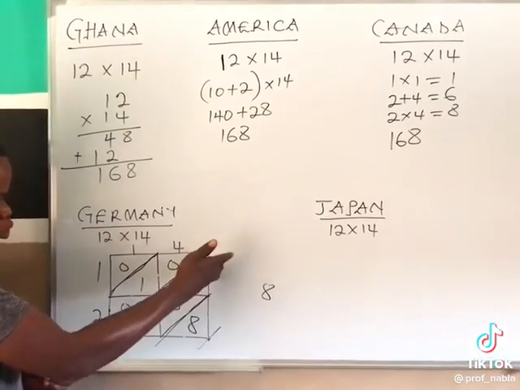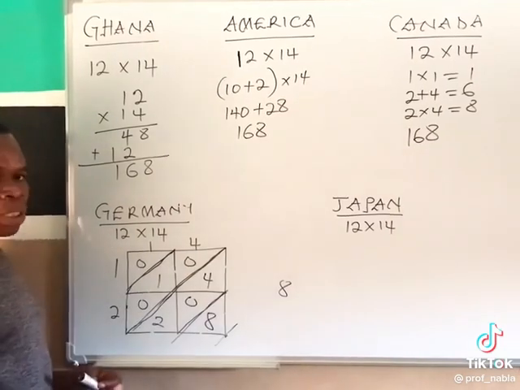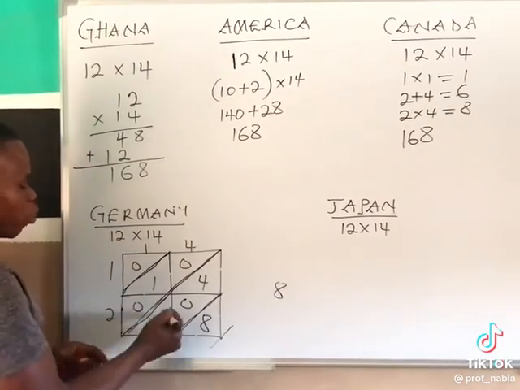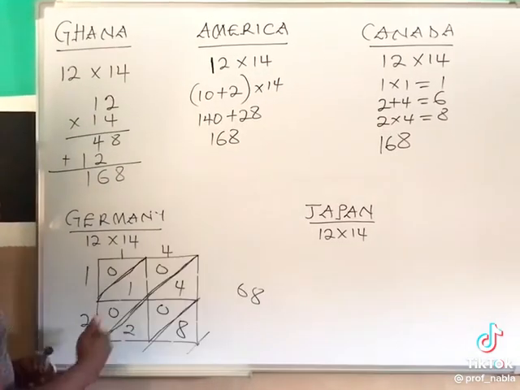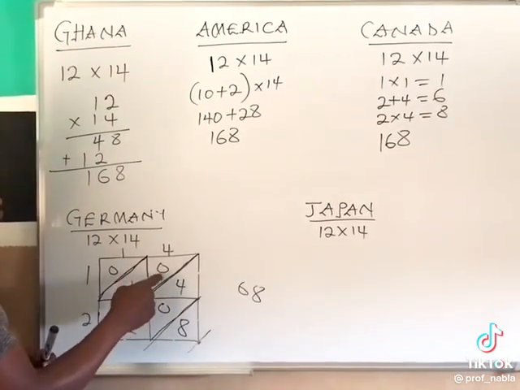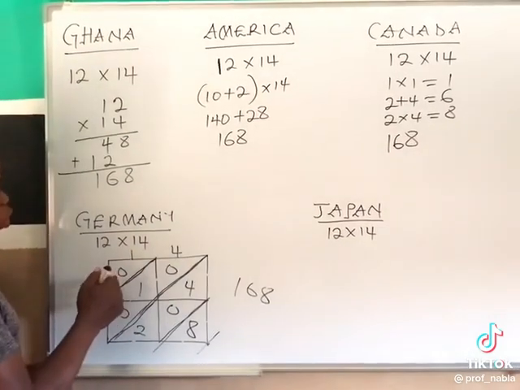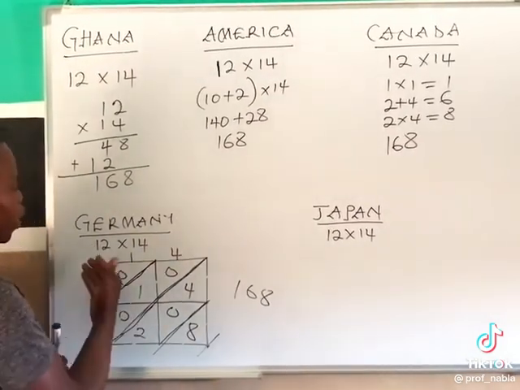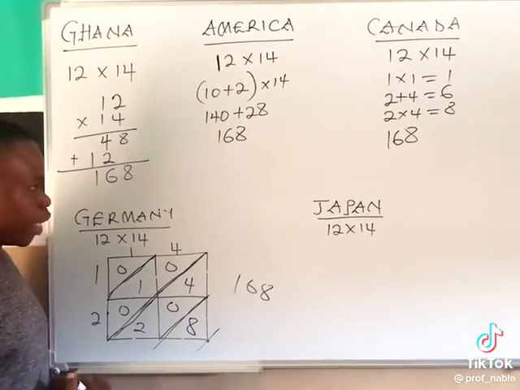Then come to this path. I have 4, 0, 2. If I add all these together, I'll have 4 plus 0 plus 2, which is 6. Then this path, I have 0, 1, 0. And 0 plus 1 plus 0 is 1. You see that in this path I have only 0, so I don't write it. Meaning, a German student will get 12 times 14 as 168 too.